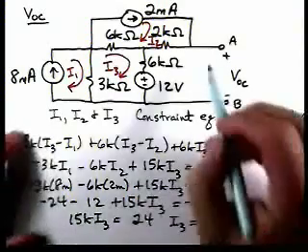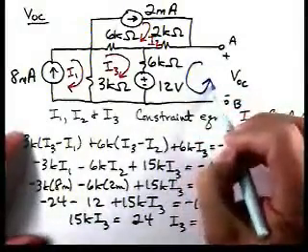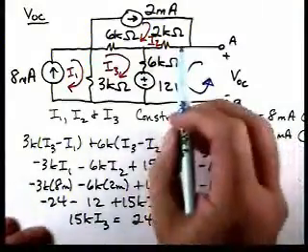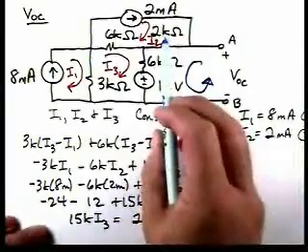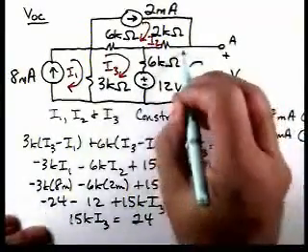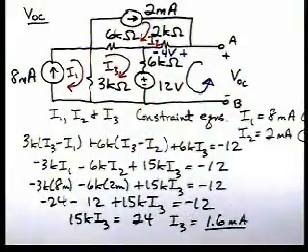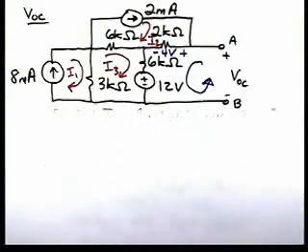Now to find the open circuit voltage, we can apply KVL around this loop. I2 flows through this resistance, and I2 is 2 milliamps, so the voltage across that resistor is 4 volts. Now let's apply KVL to that loop.